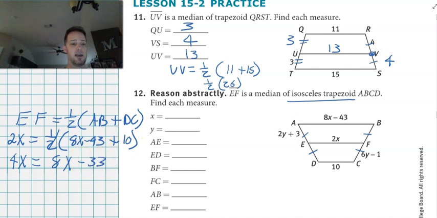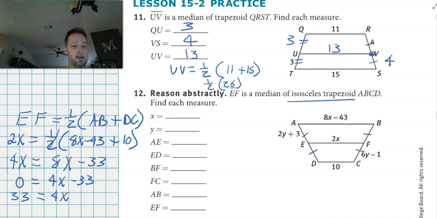So now I should be able to subtract 4x from both sides, add 33 to both sides, divide by 4, I get 8 and 1/4. So x equals 8.25. So we can plug it back in and check. Let's go ahead and do that.